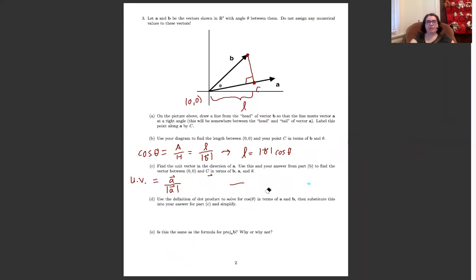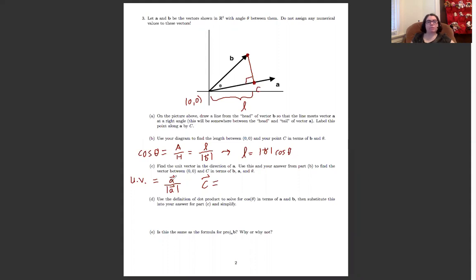Now that I have a unit vector in the direction of A, I want to use that and part B to figure out what the vector, I'll call it C, from 0, 0 to the point C is in terms of A, B, and theta. So I know from part B that that vector should have length, magnitude of B cosine theta.